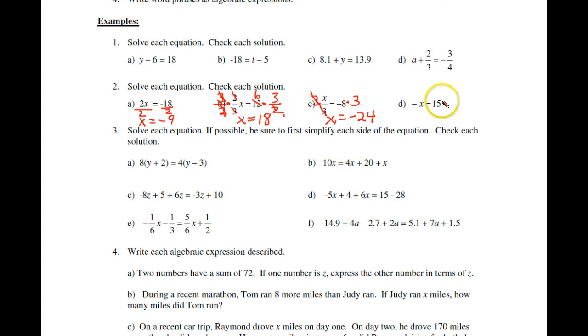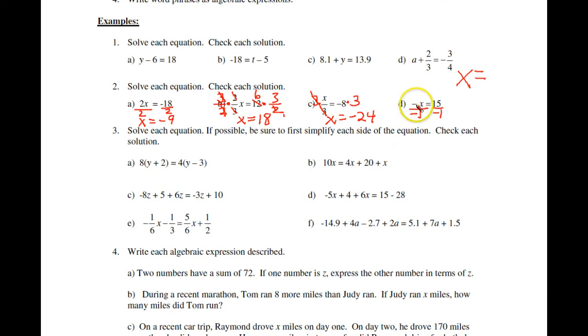Now, this is a good example of techniques that we've been developing. Here we have a negative x. We want that to be a positive x. Well, one of the tools we have is that we can divide this by a negative 1 and the other side by a negative 1.